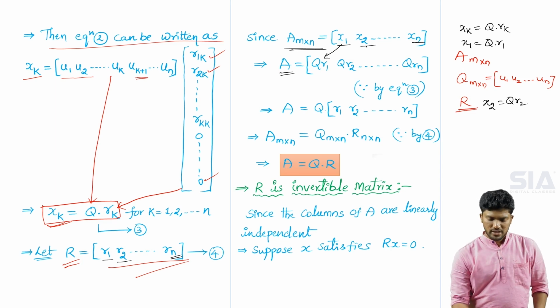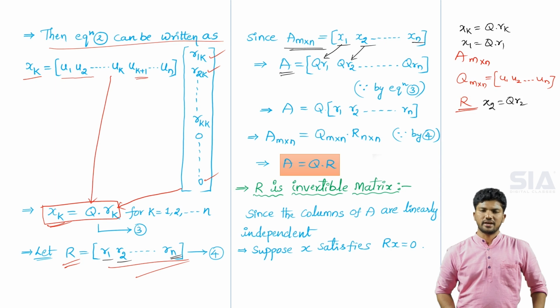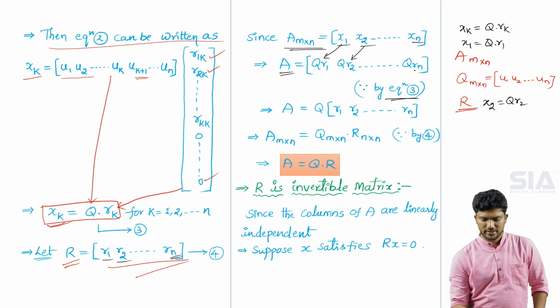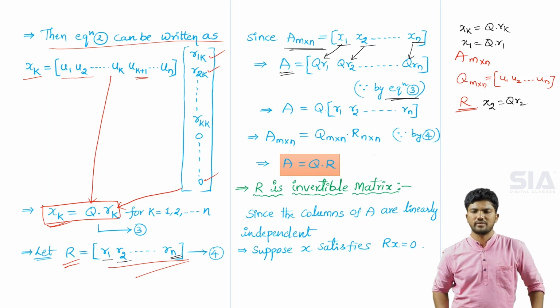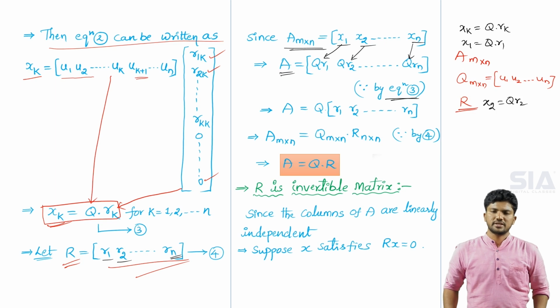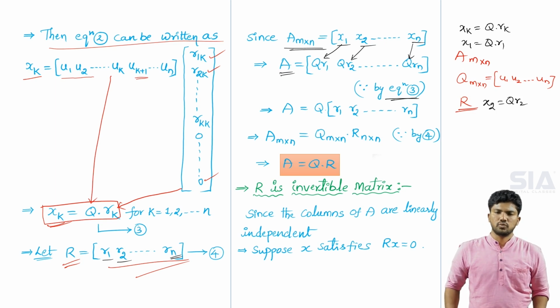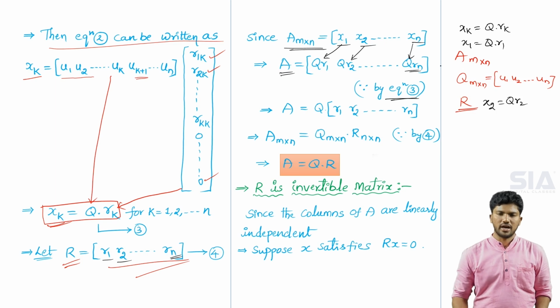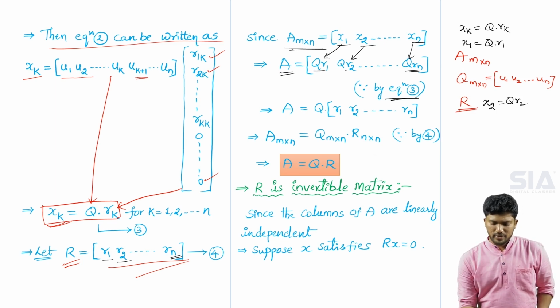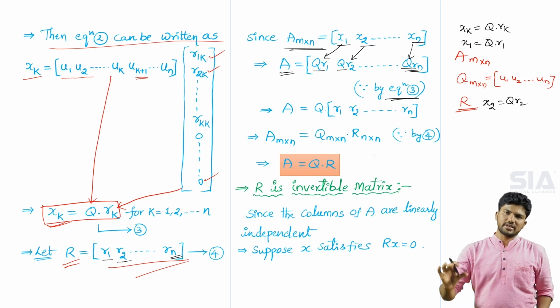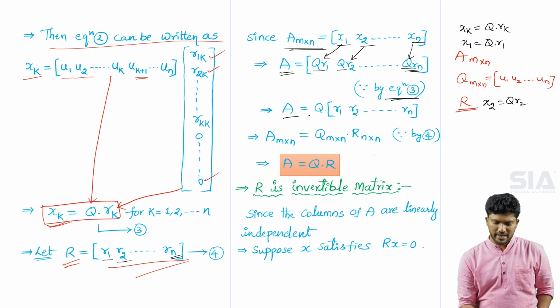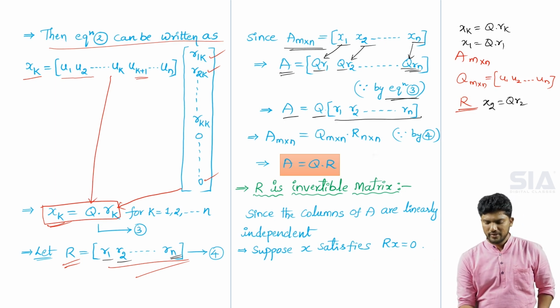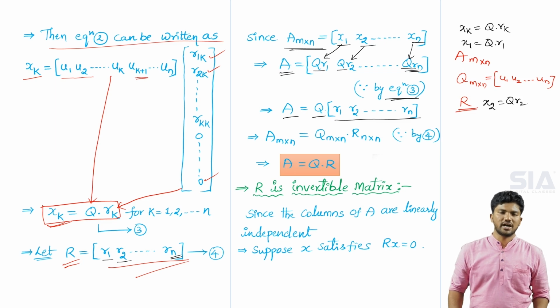Substituting those values from equation number 3 into capital A, we get Q into r1, Q into r2 up to so on Q into rn. Taking capital Q common from all the vectors, capital A is equal to Q into r1, r2 up to so on rn.